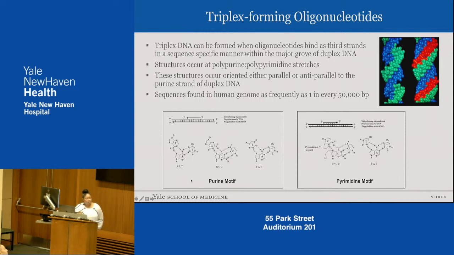And so sequences capable of being targeted by triplex-forming oligonucleotides happen as frequently in the genome as 1 in every 50,000 base pairs. If you look by bioinformatics and map how many polypurine-rich sequences can be found, there are over 519,000 unique triplex-forming sites within the human genome.